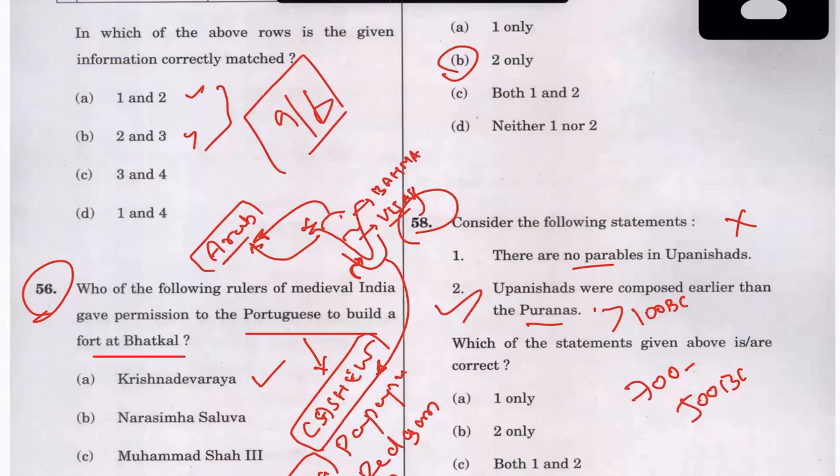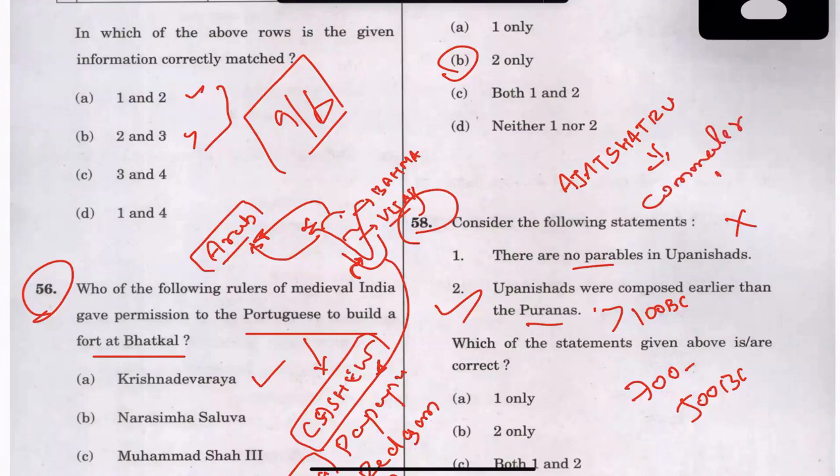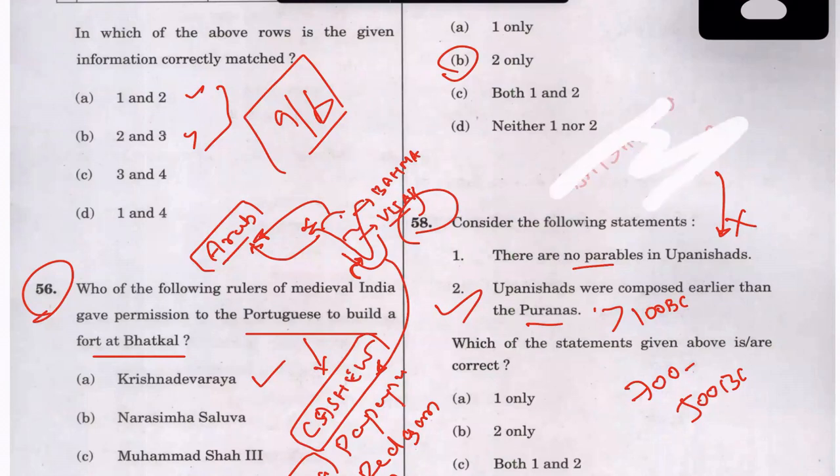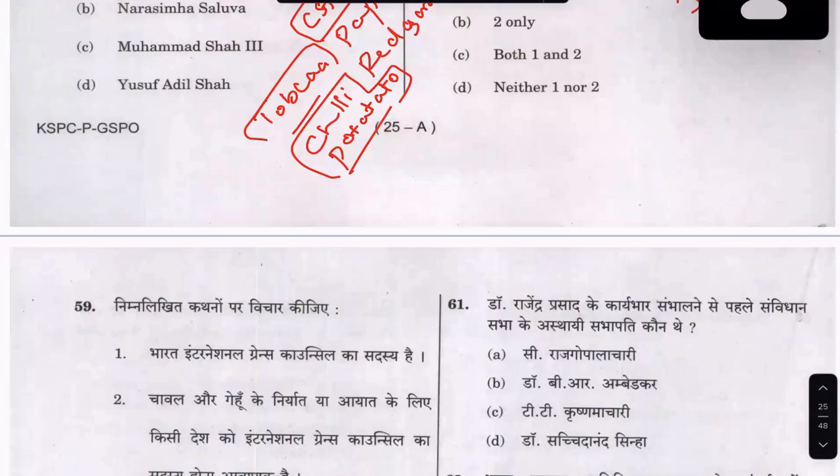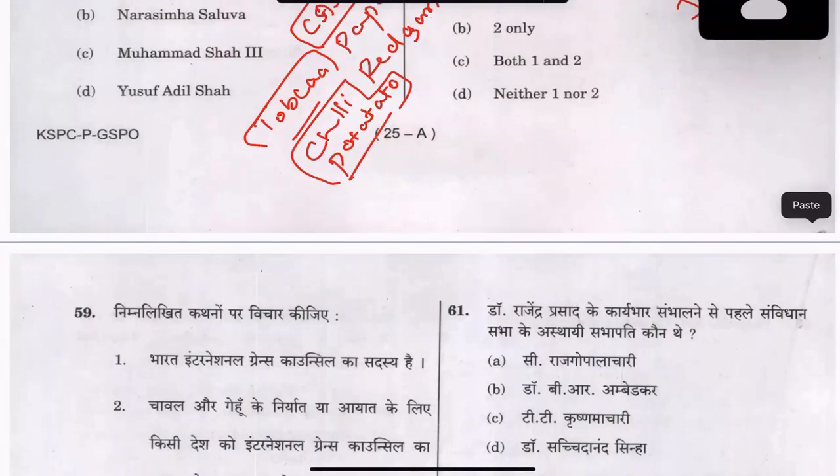No parables, but in our NCERT there is a parable of Ajatashatru, the commander of Ajatashatru meeting Buddha, like this. Okay, this is not in the Upanishad, but anyway, next to this I remembered an incident that I read in NCERT, in the 6th or 7th standard.